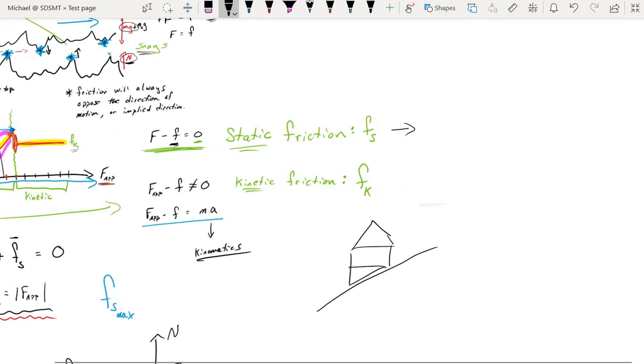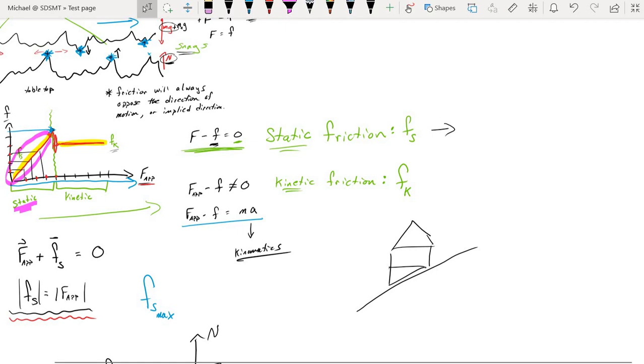And what I like to do to clarify that point is to say that static friction only uses what it needs. No more, no less.